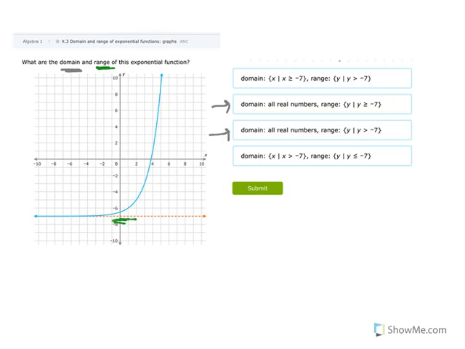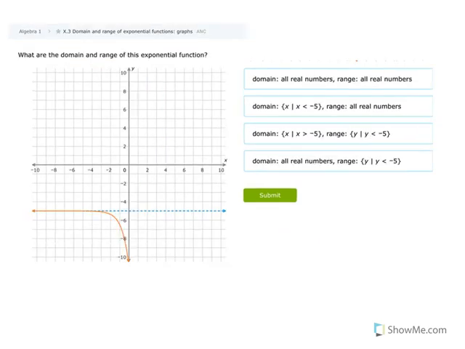So your y values are going to be above -7. It's never actually going to reach -7, so we want the range to say that y is greater than -7, not equal to -7, because it's never going to touch that line. So we want this one: domain all real numbers, range y is greater than -7.